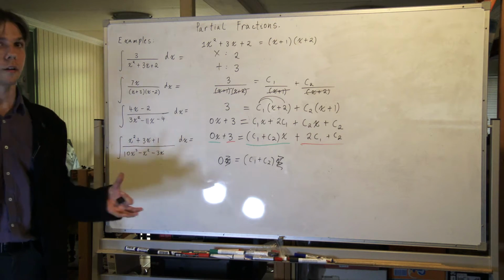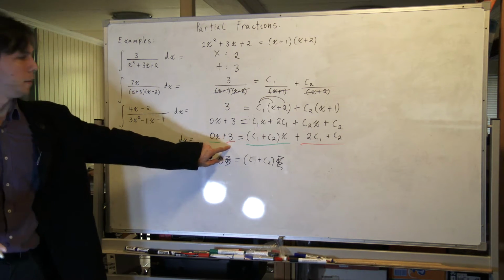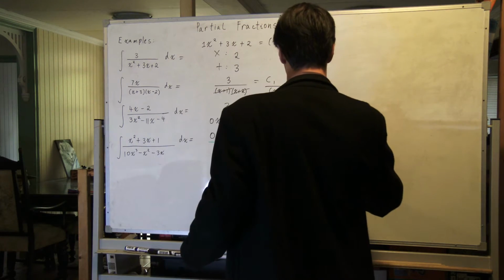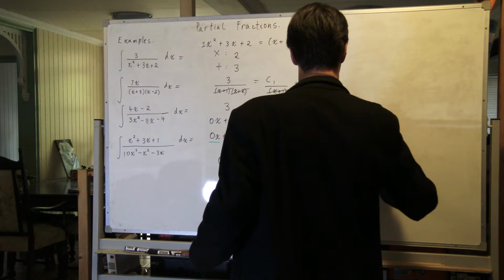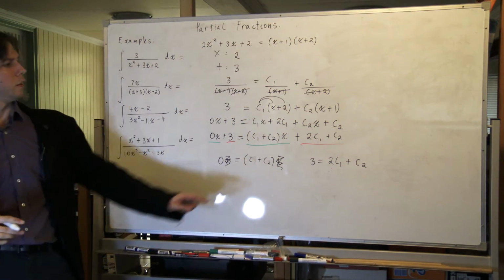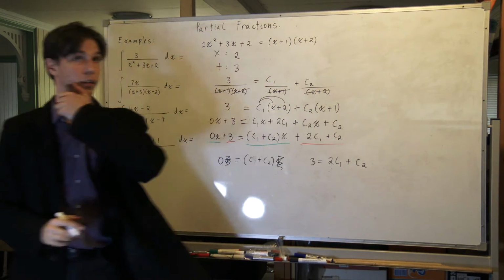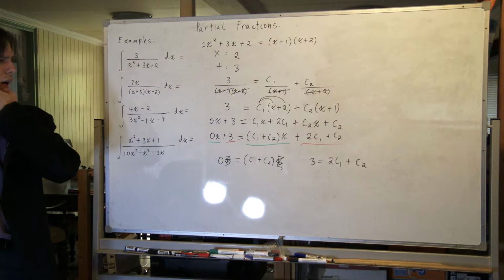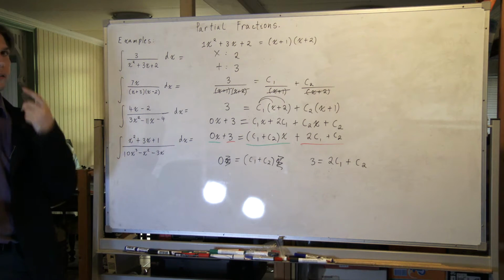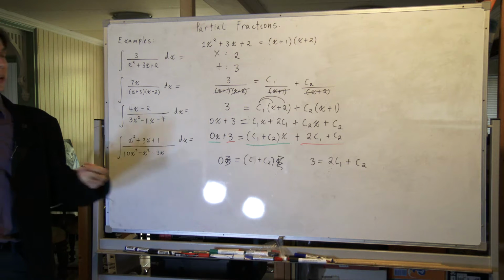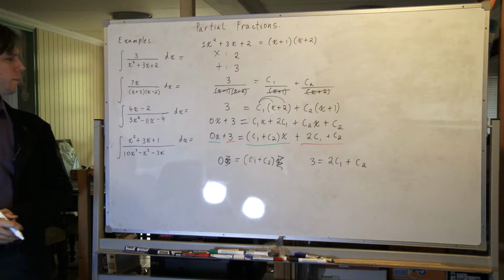Now, I look at my constant terms. I have 3 equals 2c1 plus c2. Okay, well now that's my second equation. I have two equations with two unknowns. It is simultaneous equations.